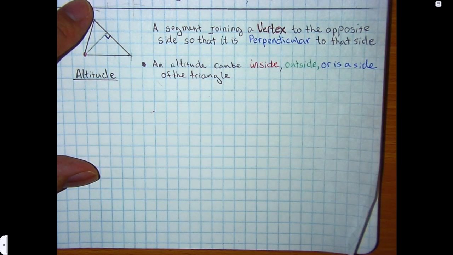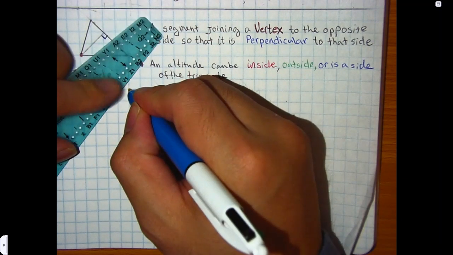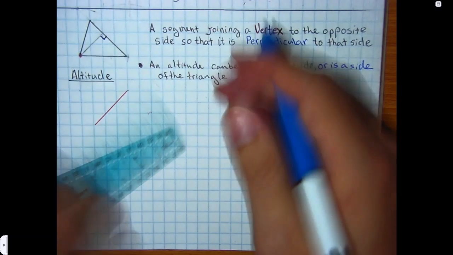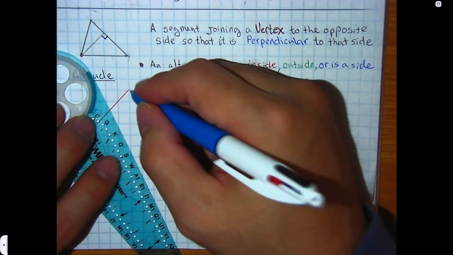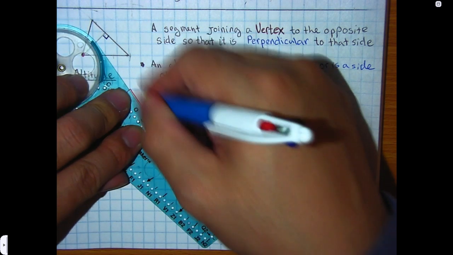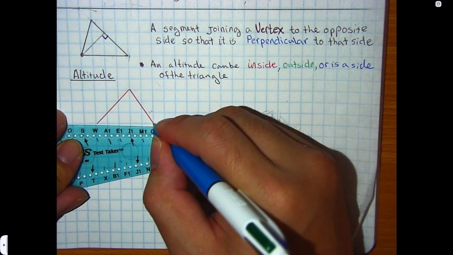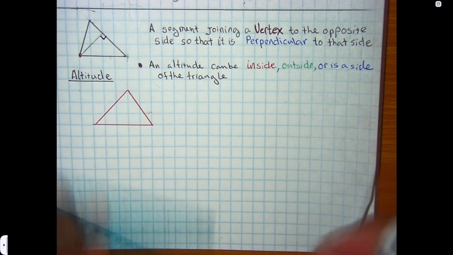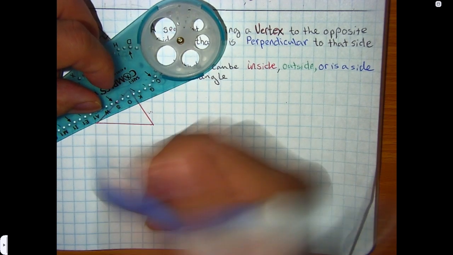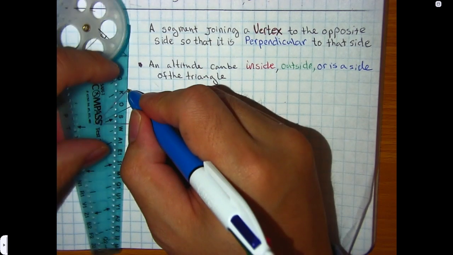Okay, so an altitude can be inside of a triangle. That means we have a very regular, totally acute triangle. So that way, the altitude is always going to be inside.